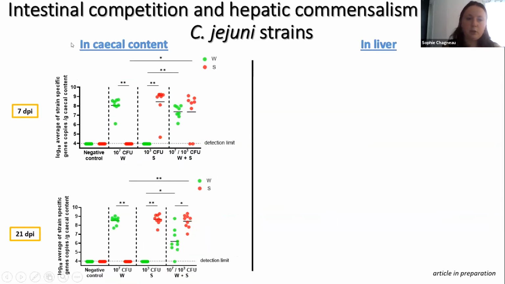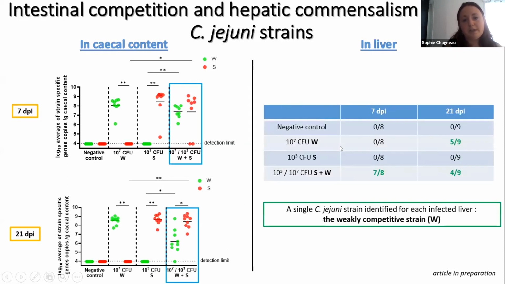And in the other room, in cecal contents, we observed at 7 dpi and 21 dpi, all birds infected were colonized by Campylobacter jejuni. And in birds infected by both strains, we observed a close amount of both strains. And in the same group, at 21 dpi, we observed S strain was more abundant. And in ileal content, we observed the same result.